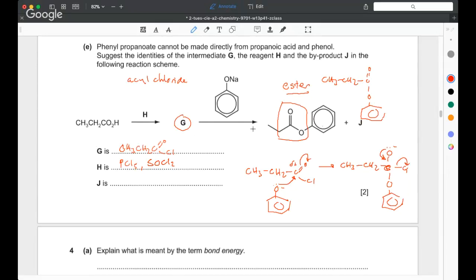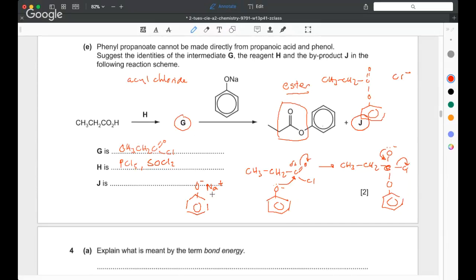And you can see at the end here, you've got this last piece to figure out. You can see in this last part of the mechanism that the chlorine atom has been eliminated as a chloride ion, and this phenoxide here was O minus Na plus, and we just use the O minus, the phenoxide anion here.